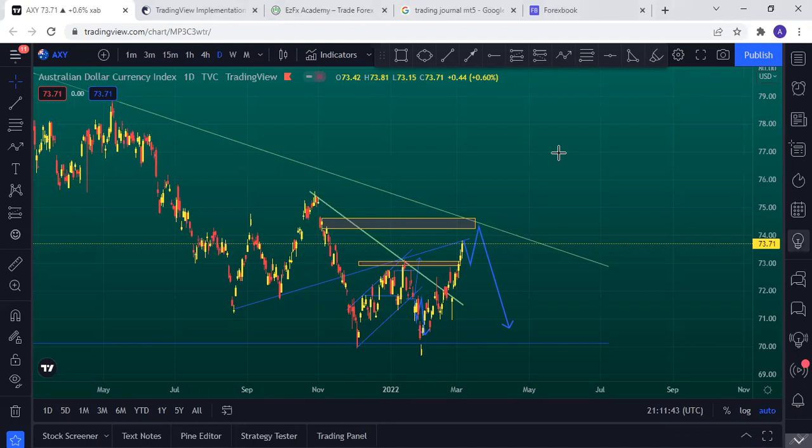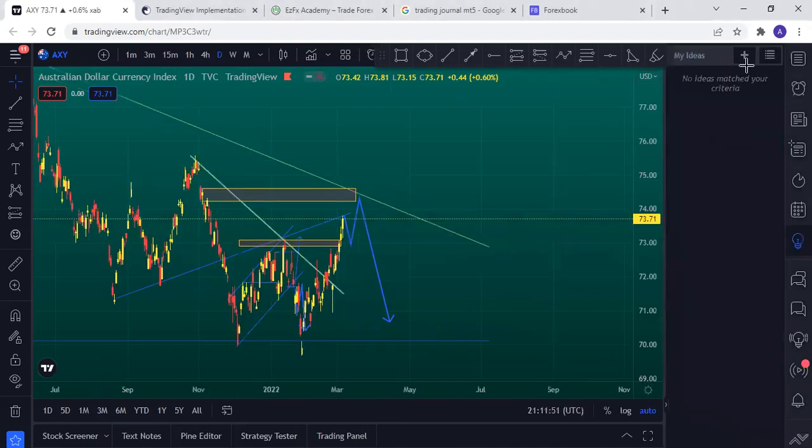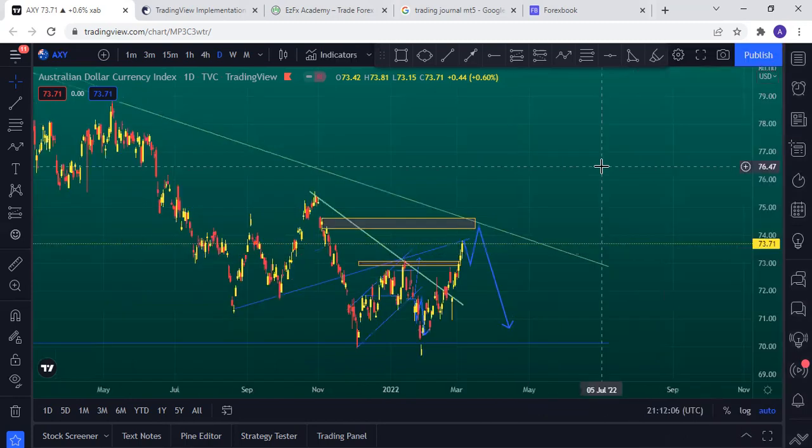Currently there are heavy sanctions on the Russian economy, which are mostly going to affect a lot of commodities, but the majority of these sanctions are still going to, in the long run, favor the US dollar.